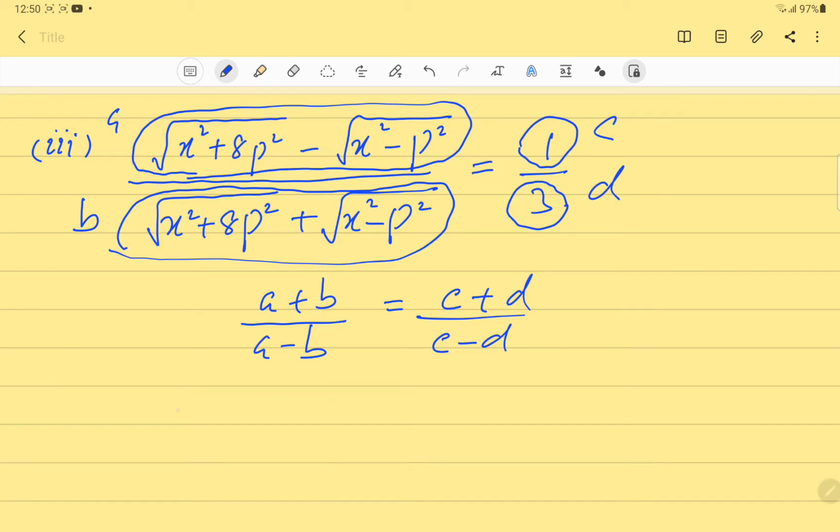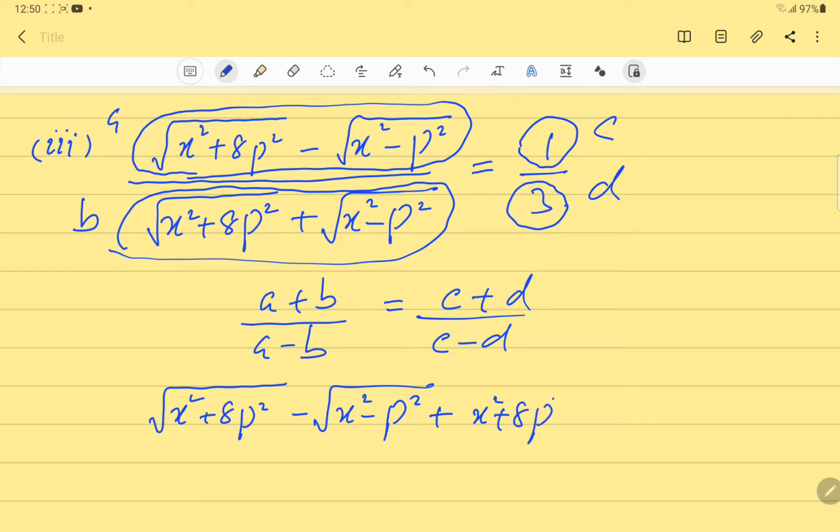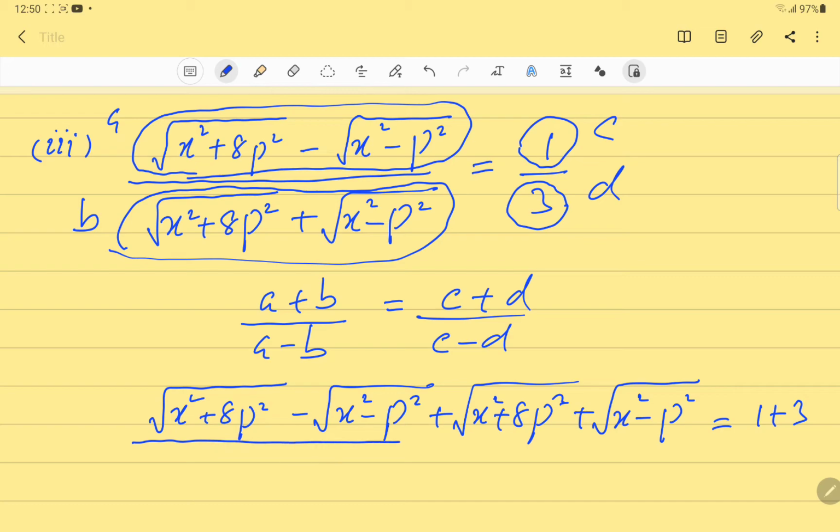Okay, A plus B is square root of x squared plus 8p squared minus square root of x squared minus p squared, then plus square root of x squared plus 8p squared plus square root of x squared minus p squared, is equal to 1 plus 3, over, we are going to write square root of x squared plus 8p squared minus square root of x squared minus p squared.